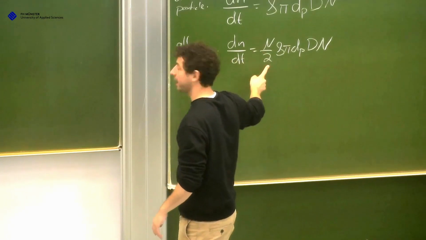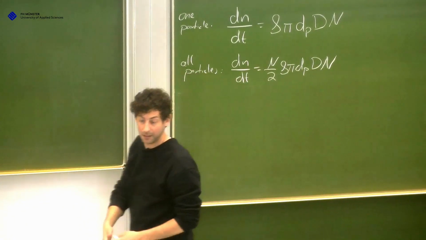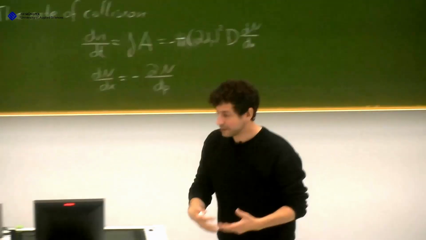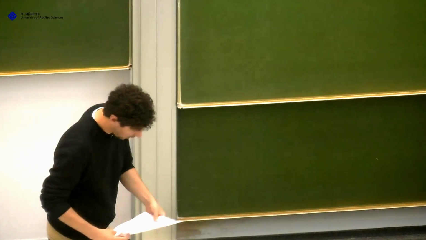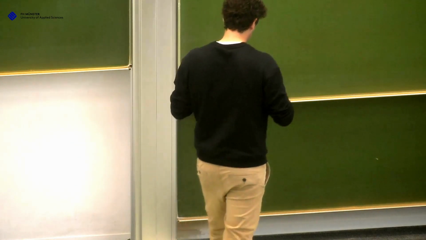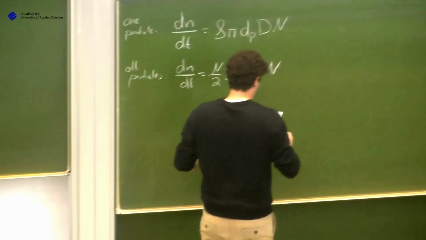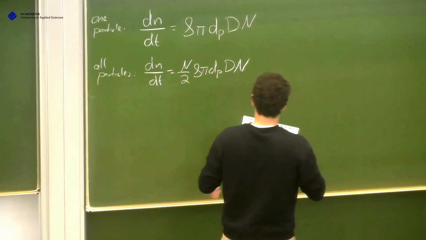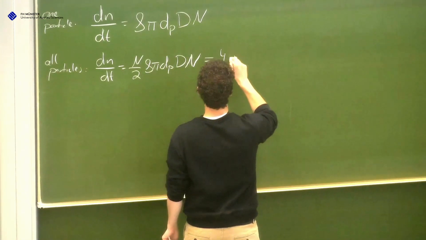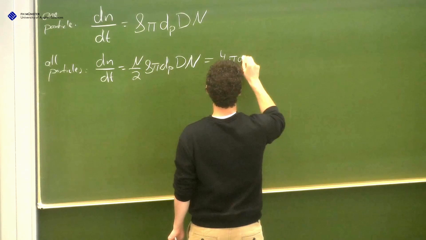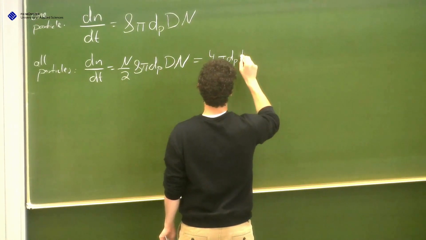So this is why I have to halve it. So if I count the collisions, I need to be sure that I don't count the collision double. And this is 4 pi dp d.